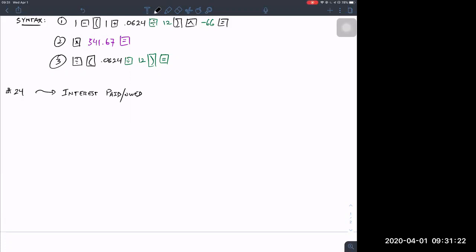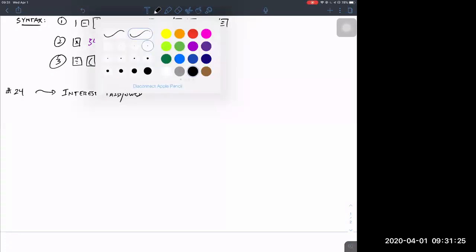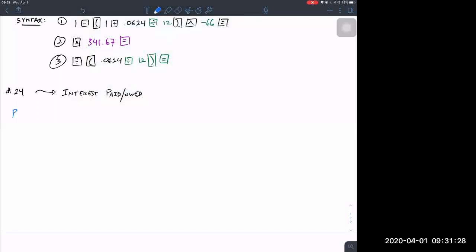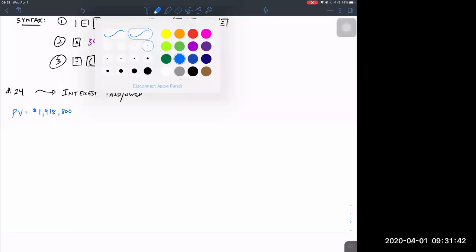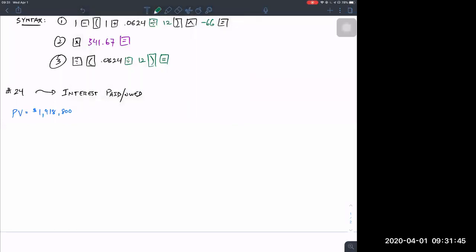Okay, obviously I'm not going to write out the entire problem, but just to give you a couple of details, just so that people remember, you borrowed, according to the problem, $1,918,800. You find out that you're borrowing for the length of 25 years, but you already know it's a mortgage, so that's times CP, which is 300.